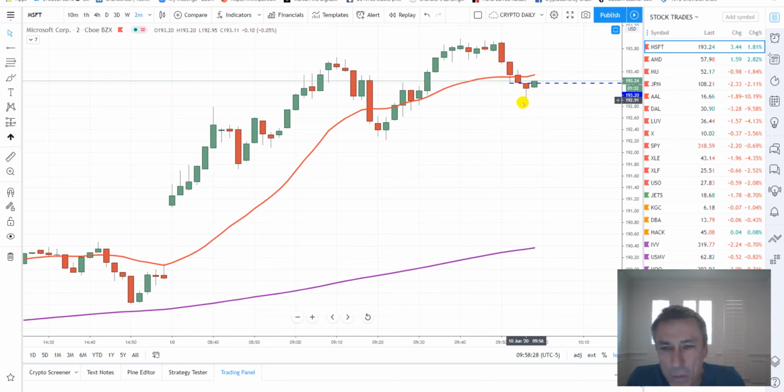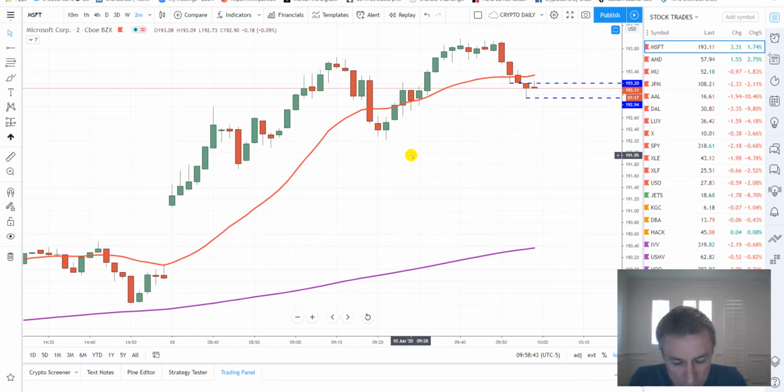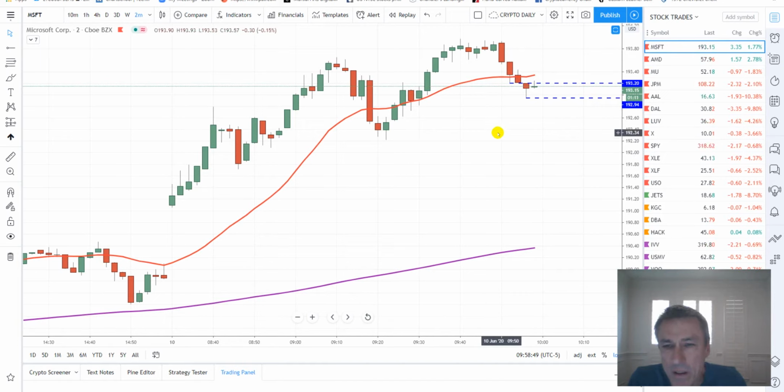Okay, let's see if we can get a run here a little bit. A little oversold push. And then our stop loss will be here, and it'll just be a market sell if we take out this low here. Now we're just watching paint dry.